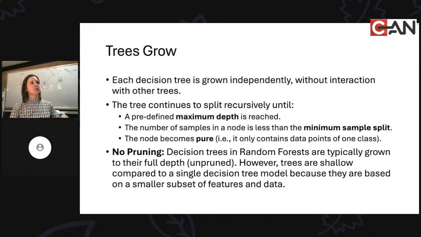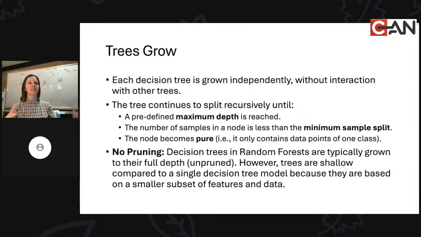So each decision tree, we just went through the algorithm for decision trees. They each grow independently, they don't interact with the other trees. They don't decide how deep they're going to be based on how deep the neighbor's tree is. All of those parameters that we talked about are applied to each tree.